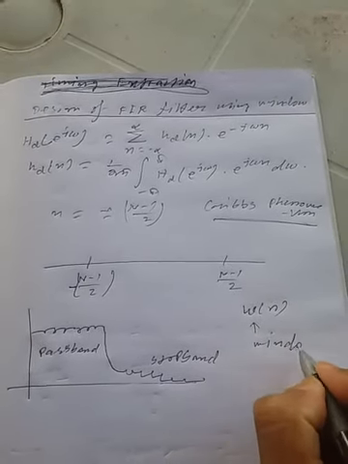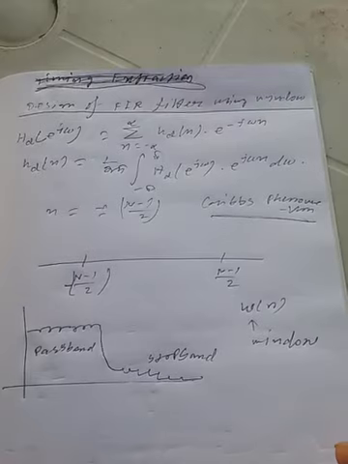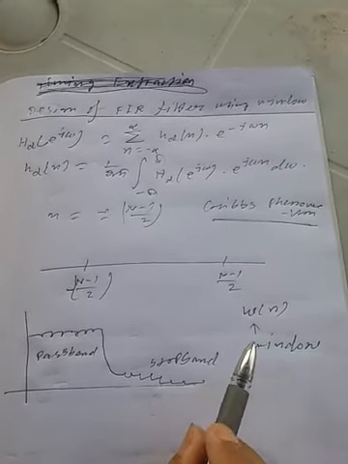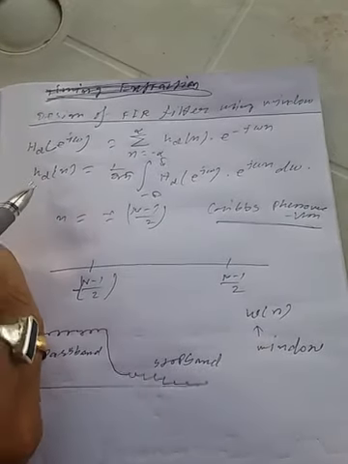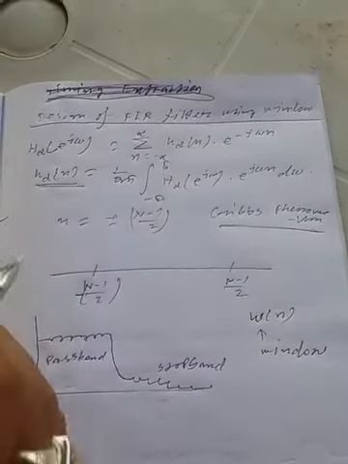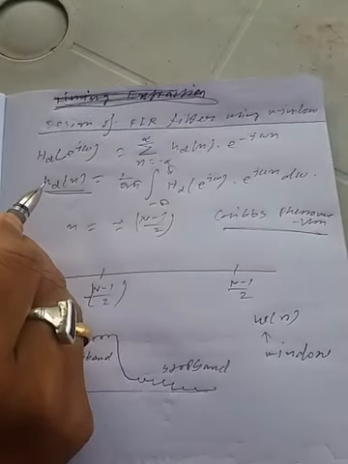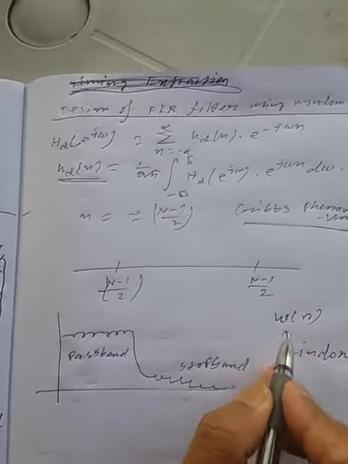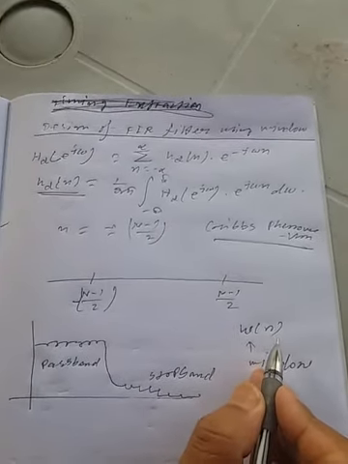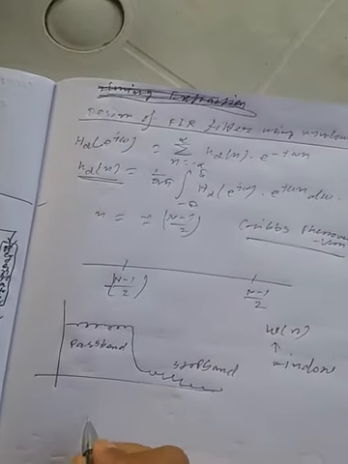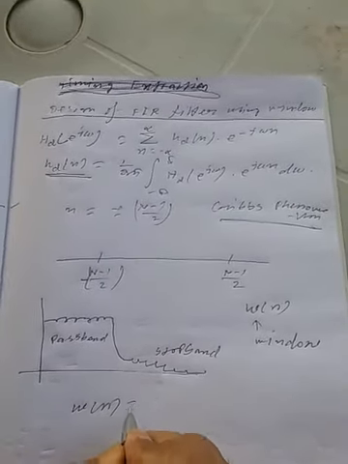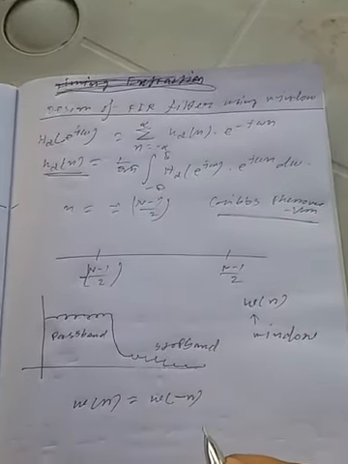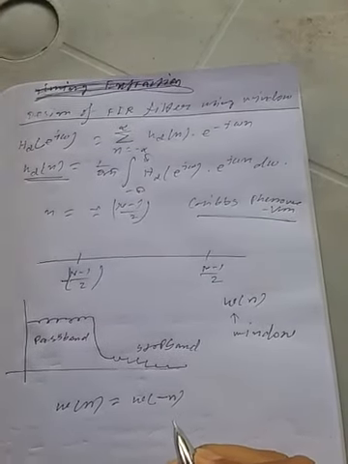So what is a window? A window is basically a finite duration weighting sequence that should be multiplied with this infinite duration sequence to make it finite. This finite duration window sequence is also symmetric, so it should satisfy the property w(n) = w(-n).